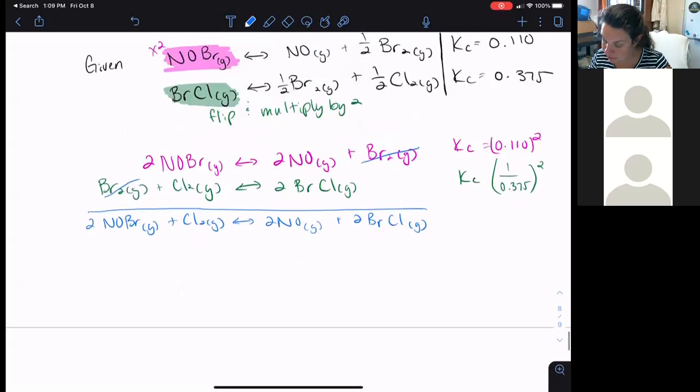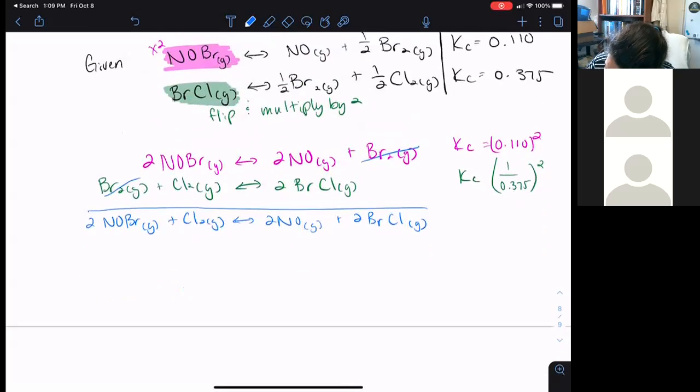And our Kc will be 0.110 squared times 1 over 0.375 squared.